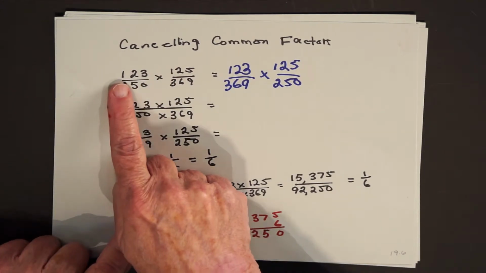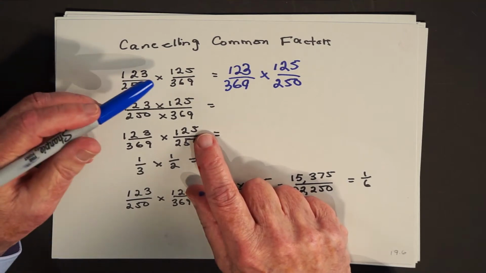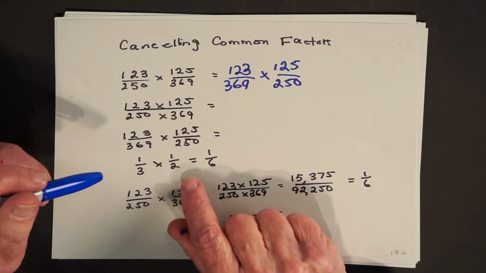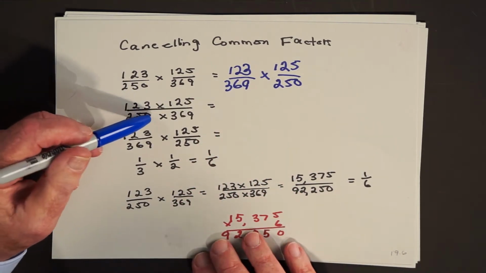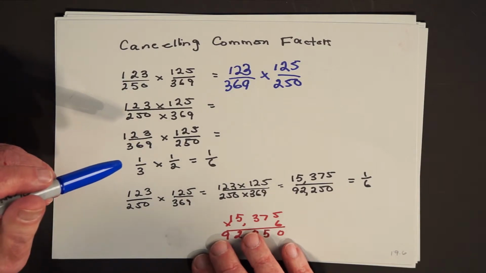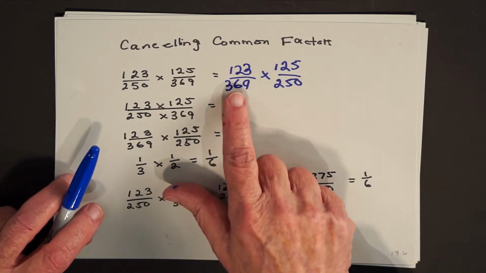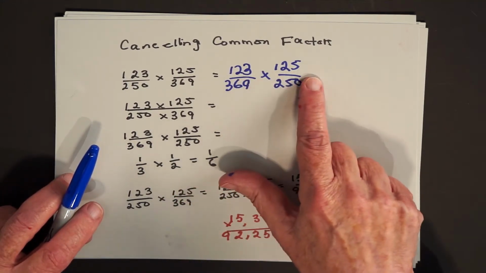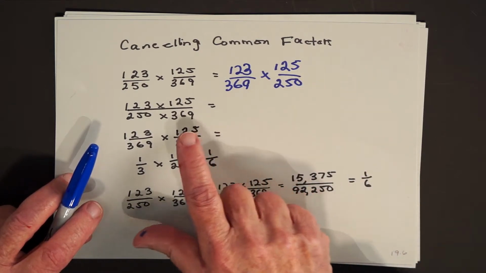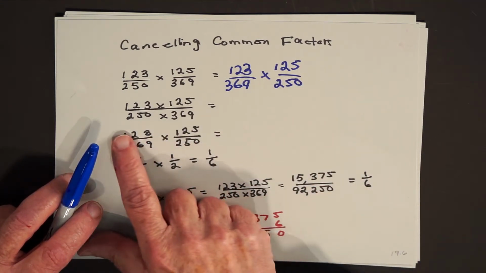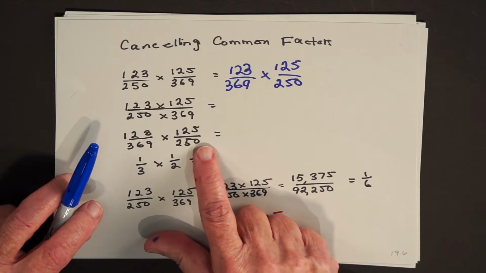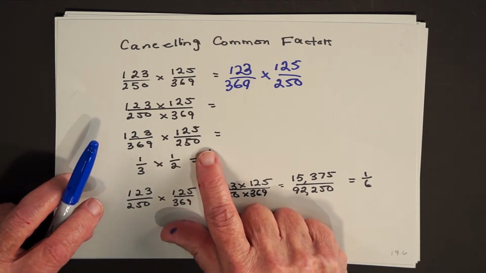But what happens when you multiply across? This way you get 123 times 125 over 250 times 369. This way you also get 123 times 125 over 369 times 250. Oh, the order's been changed, but that's okay because multiplication is commutative.